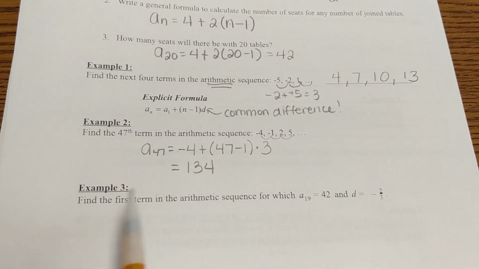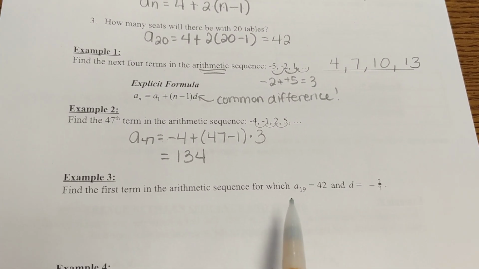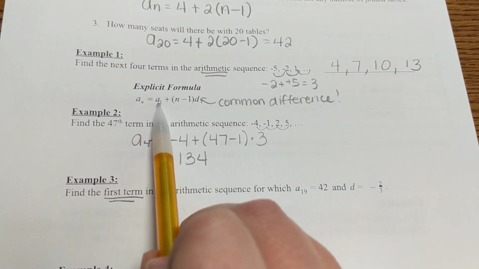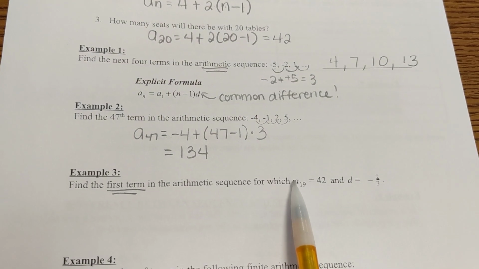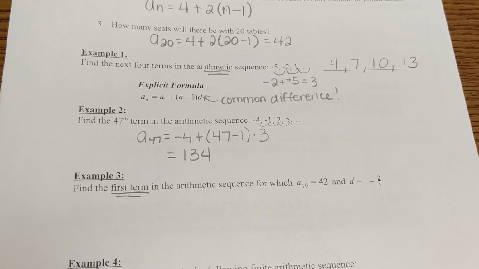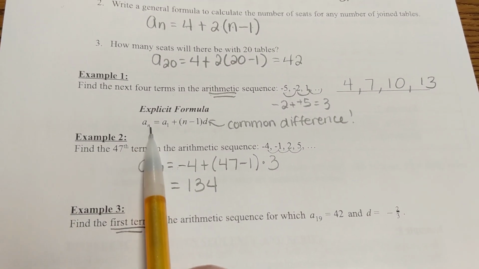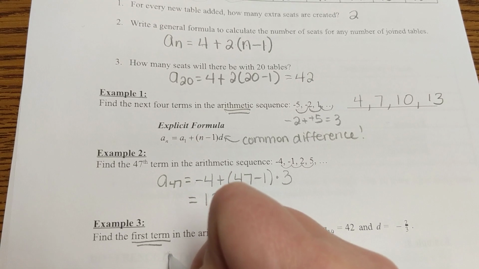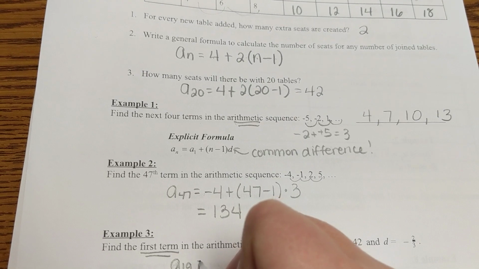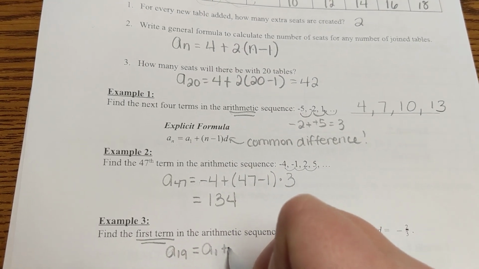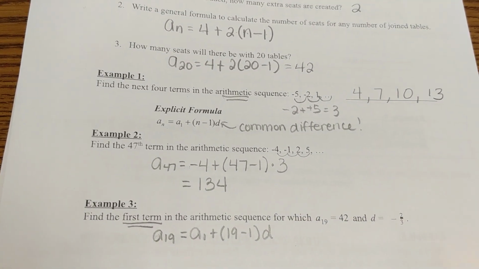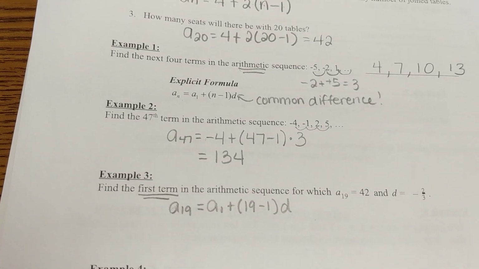So then you're going to get some problems like this where they give you different pieces of information and we have to solve for other unknowns. So this time it says to find the first term. We're going to be finding a sub 1. But here they gave us the 19th term is 42, and our common difference is -2/3. We love fractions. So I know if I write this out, a sub 19 equals a sub 1 plus 19 minus 1 times d. So I know a sub 19 is 42.